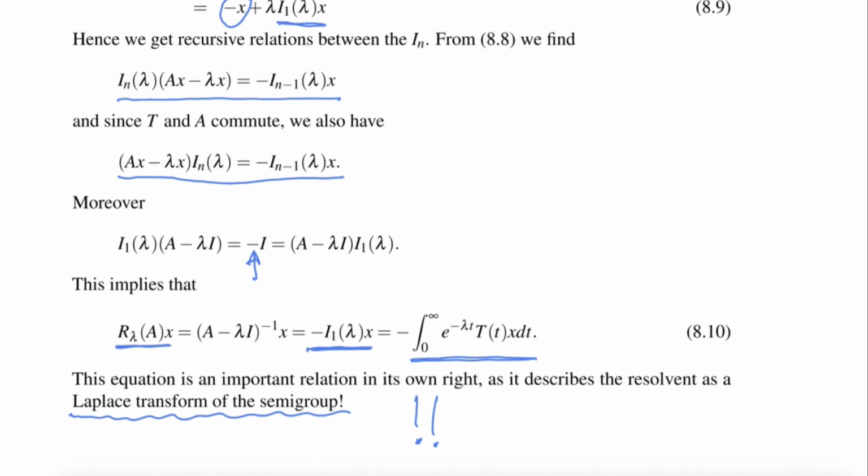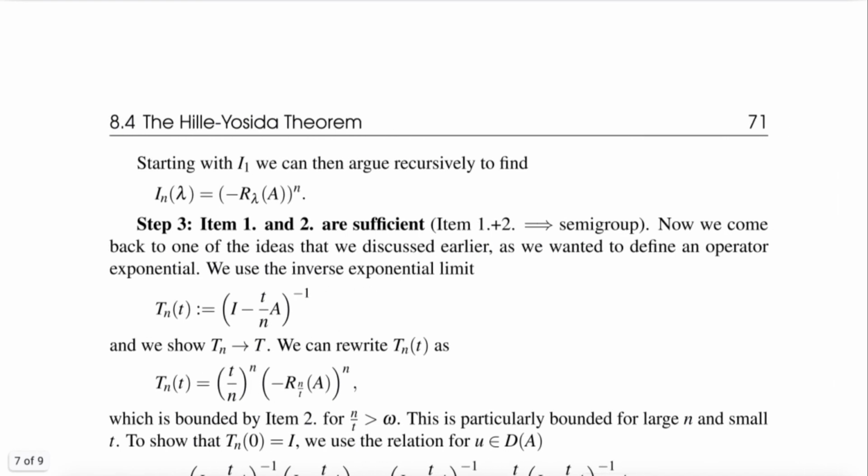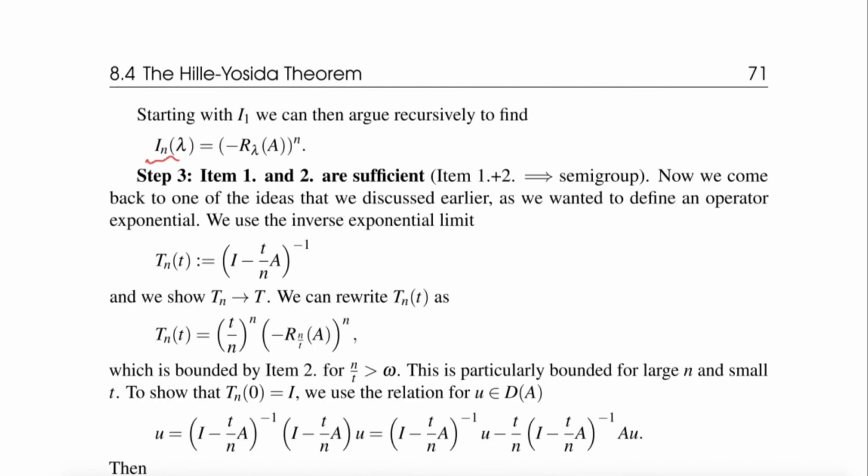And remember, we had the semigroup triangle. So this gives us a relation between the semigroup and the resolvent. So maybe the cow or the horse can be replaced. All right, and then we use the recursive relation above, and then we also find that for the higher order terms, we have the powers of the resolvent with a minus sign.